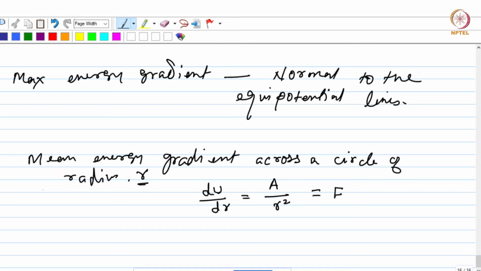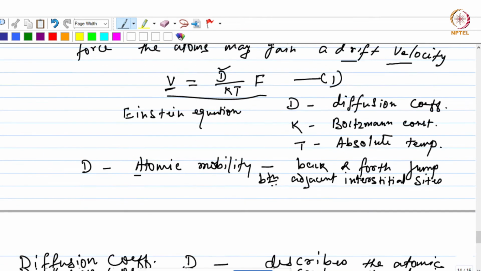So now if you come back to this Einstein equation, and replace F over here, then you would get this expression for V. Right? So let's call that equation 2.